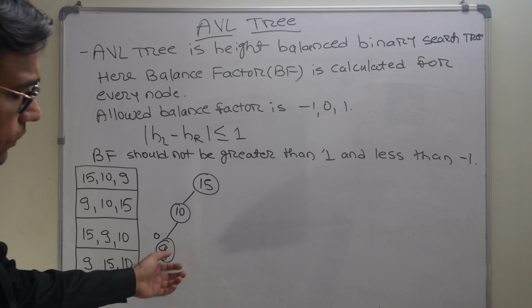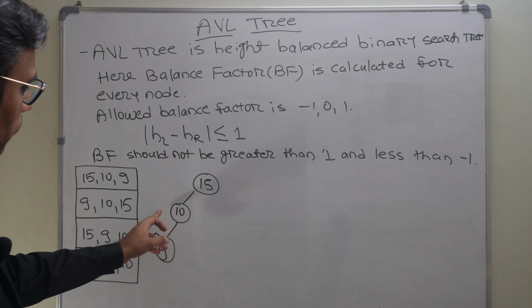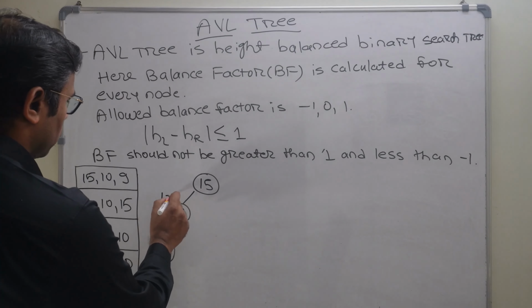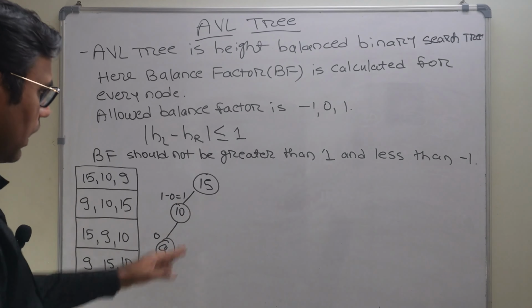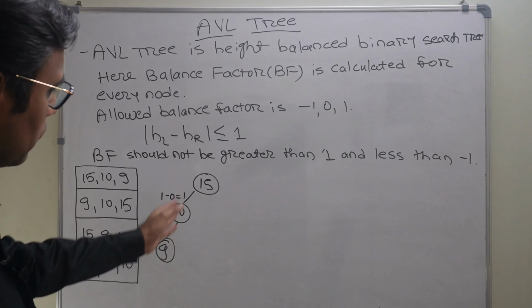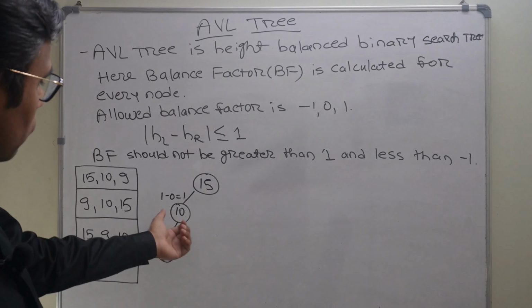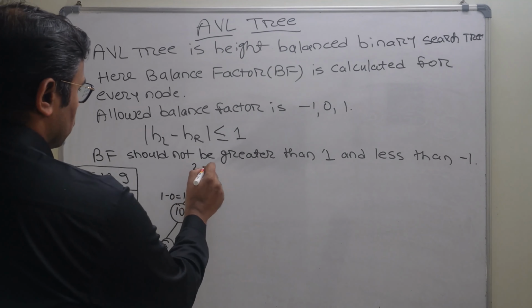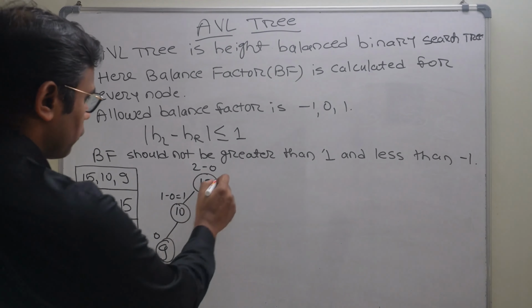Here the node 10 has height of left subtree 1, minus 0, is 1. Then the balance factor for 15 is height of left subtree minus height of right subtree. Here there is no right subtree, so it will be 2 minus 0. So it will be 2.